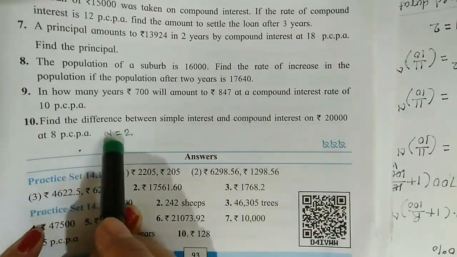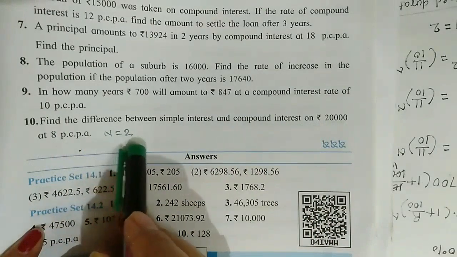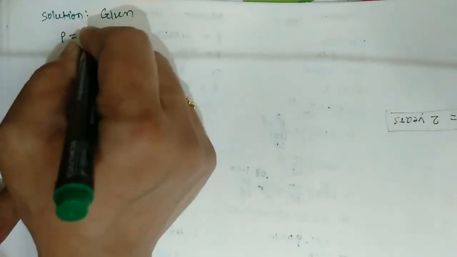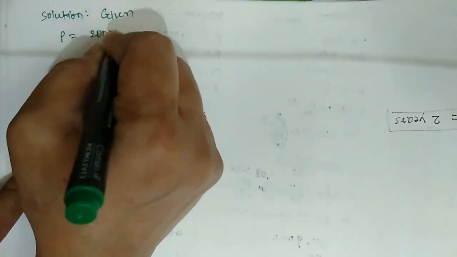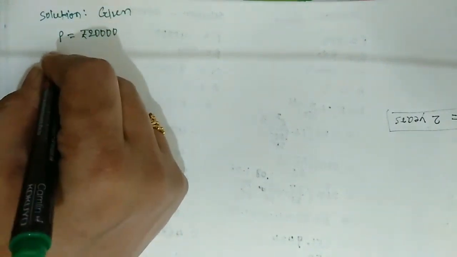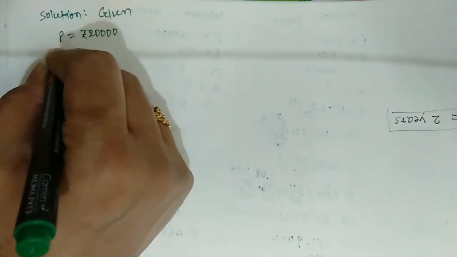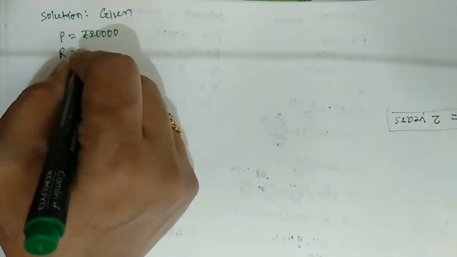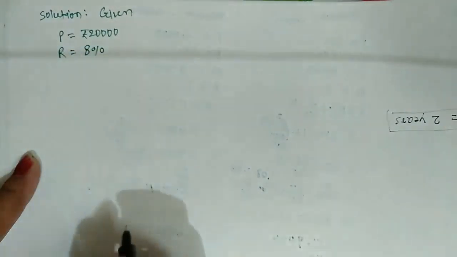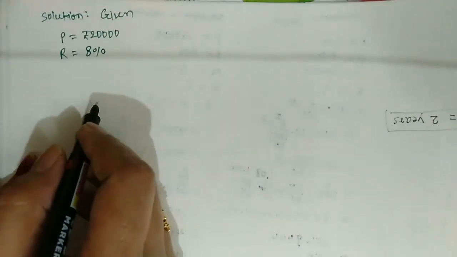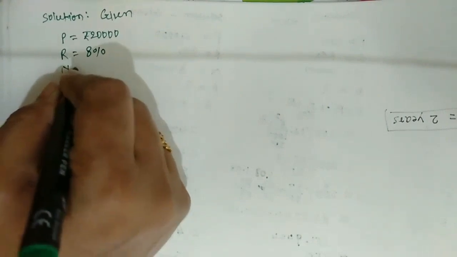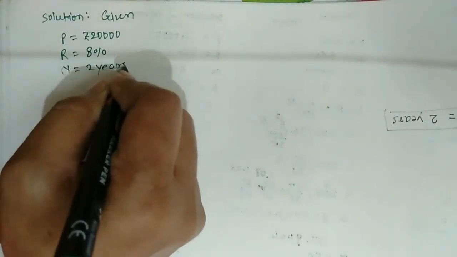So here we take n is equal to 2. Firstly write down the given things. Principal is equal to 20,000 rupees. R is equal to 8%. N is equal to 2 years.